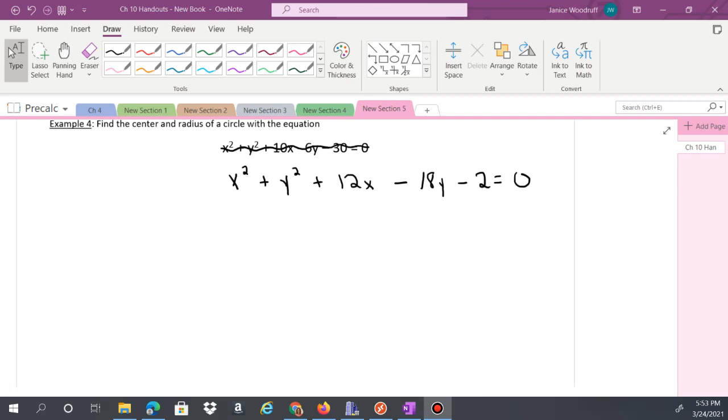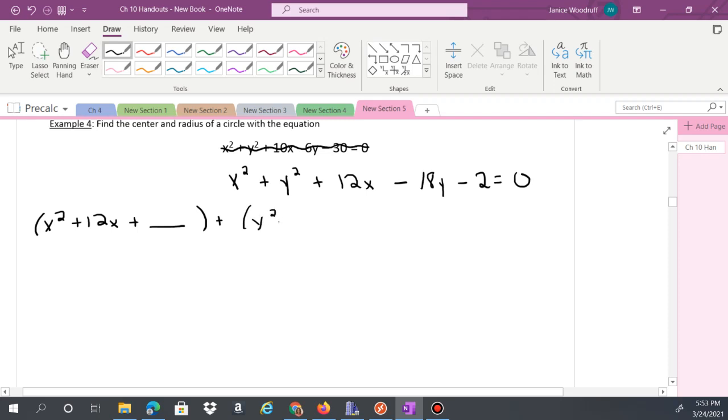All right, let's take a look. So if I set this up to complete the square, it's going to look like this. We're going to go x squared plus 12x plus blank plus y squared minus 18y plus blank equals 2.